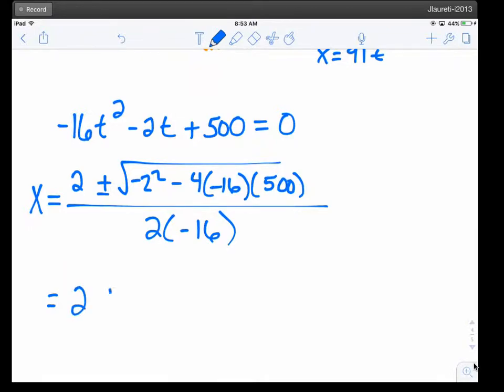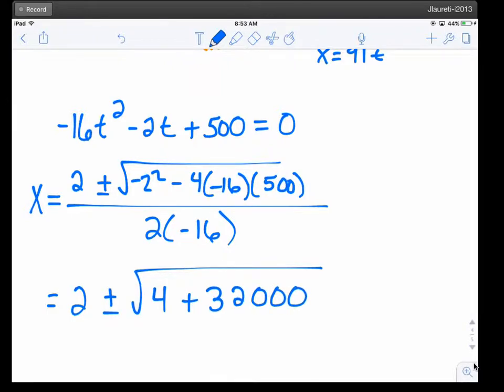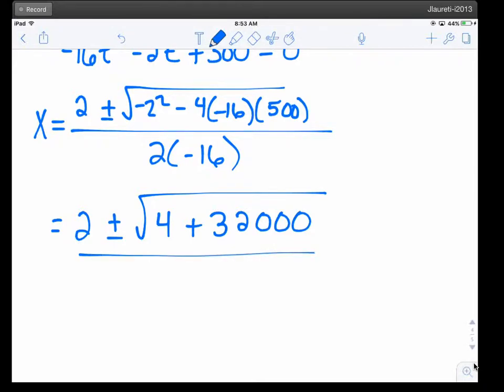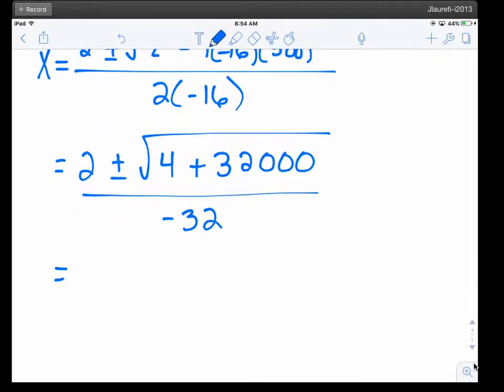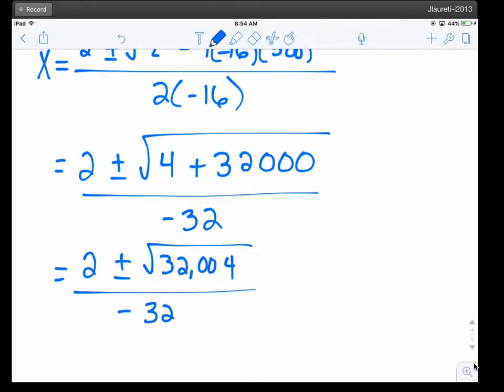Okay, so I got 2 plus or minus the square root of 4 plus 4 times 16, which is 64. 64 times 500 is 32,000. Divided by negative 32. So I have 2 plus or minus the square root of 32,004, divided by negative 32.